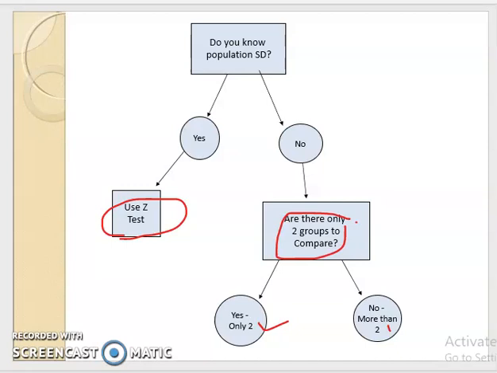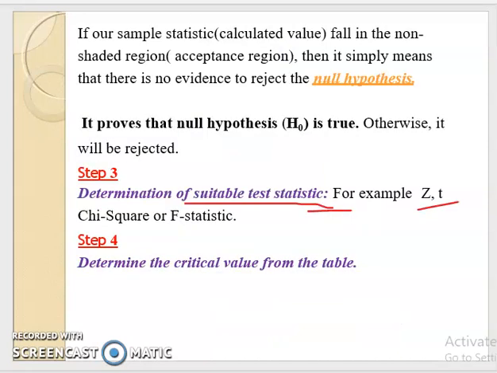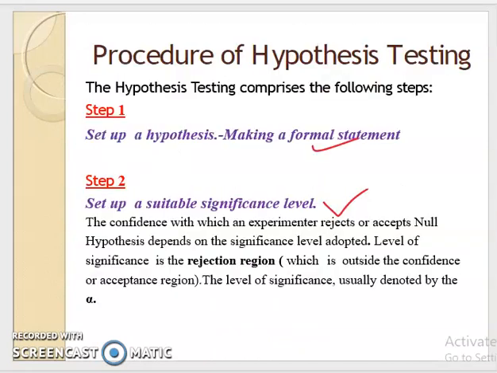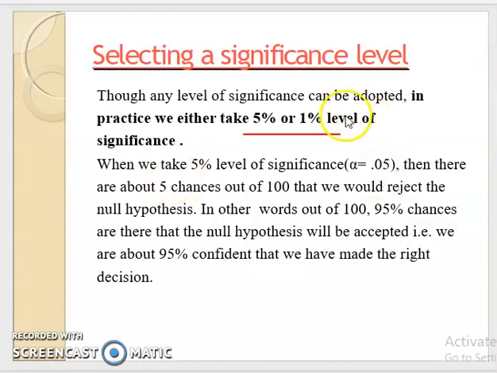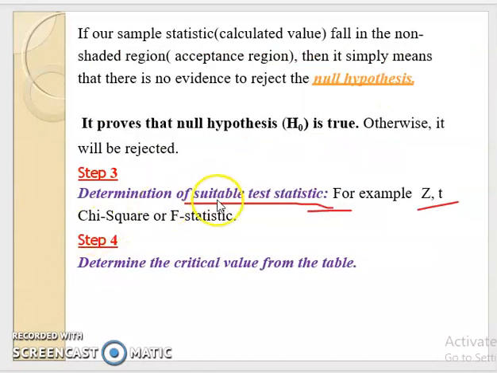In testing a hypothesis, the first step is that you have to state the hypothesis, that is, a null hypothesis and an alternative hypothesis. Then you have to choose a significance level, which will be 5% or 1%, and then you undergo a test statistic.